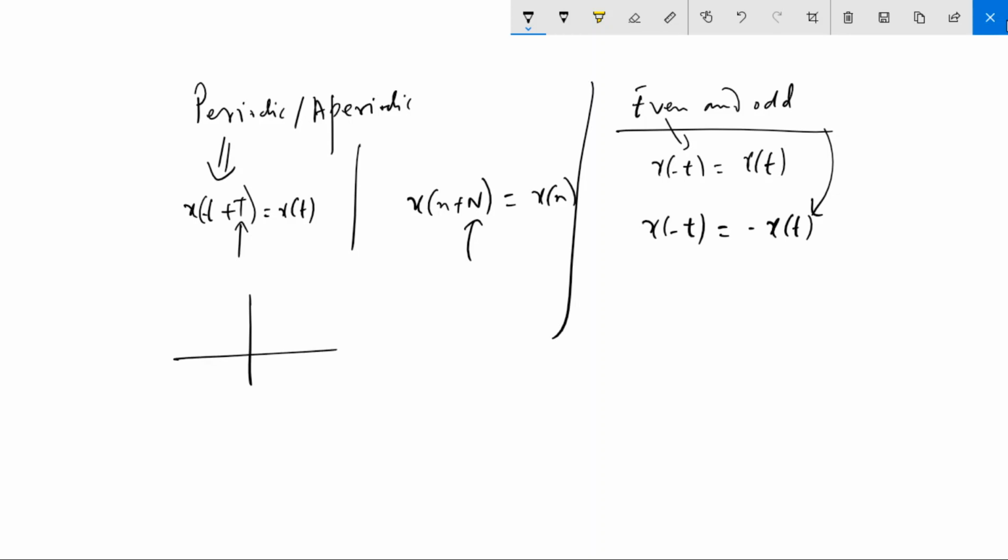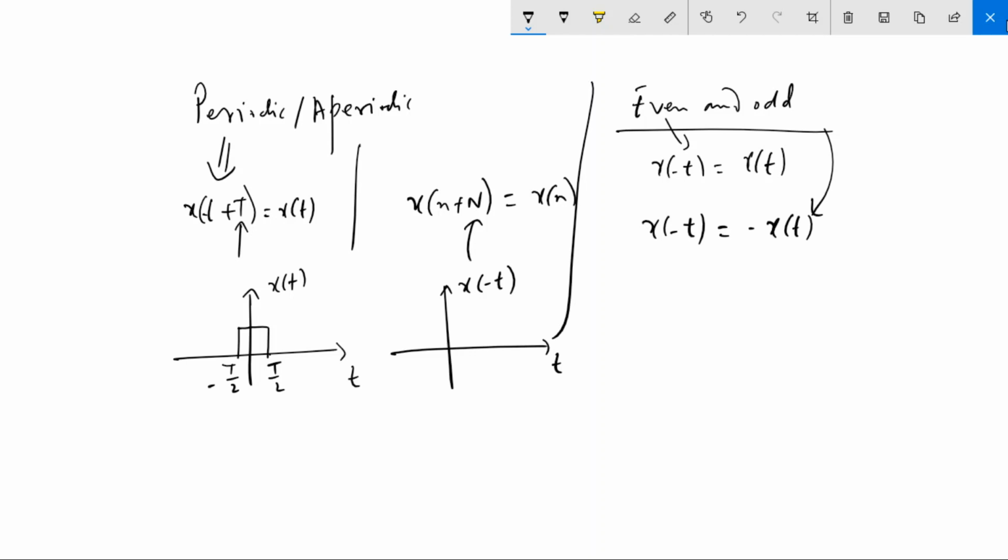But if you see how you plot x(t) and x(-t), suppose I take this signal as x(t), from -T/2 to T/2. If I fold it, if I plot x(-t), it means whatever is the portion on the positive side from 0 to T will go to the negative side 0 to -T, and the negative portion will come to the positive side.